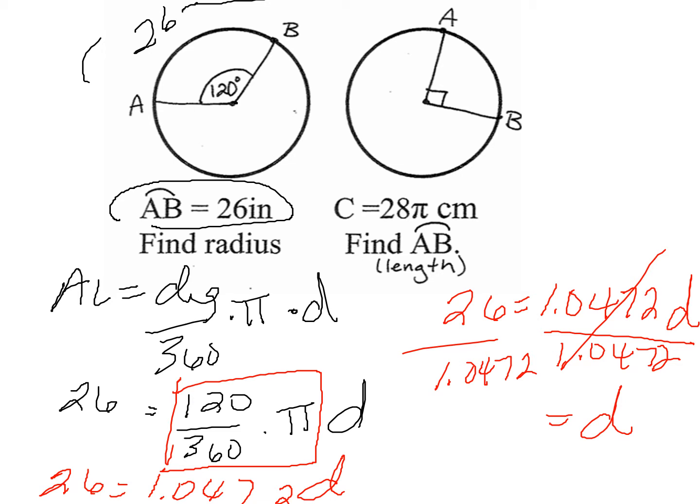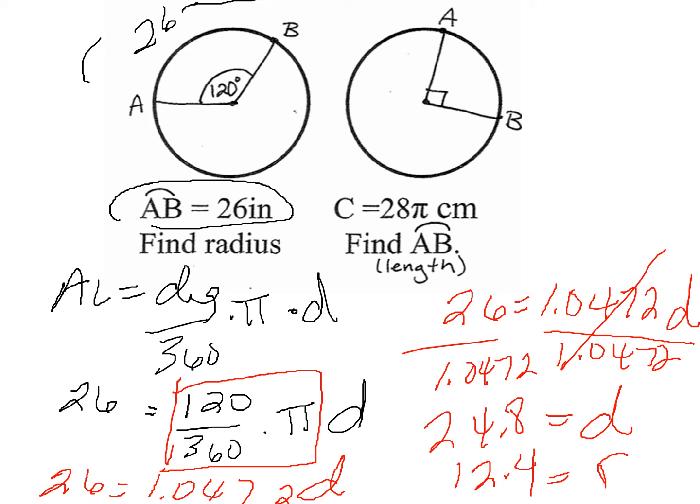This is 26 divided by 1.0472, and you get 24.8 for your diameter. But what did they ask for? They asked for a radius. So we got to do one more thing. Divide it in half. It's a radius. So you get 12.4. Booyah. Okay. A lot of work, but you still got to do it.